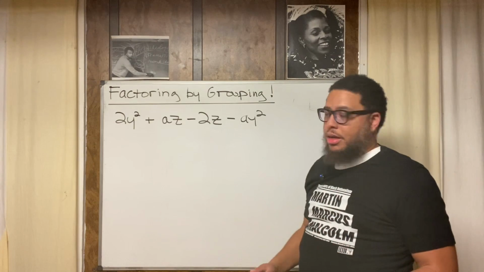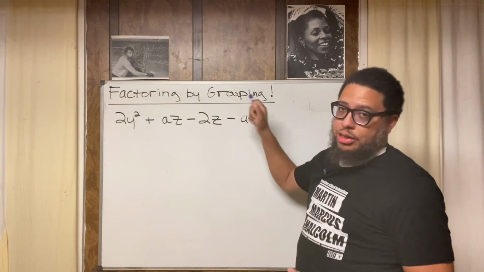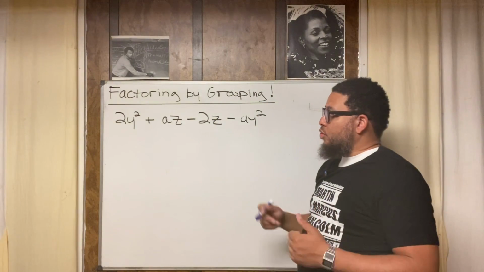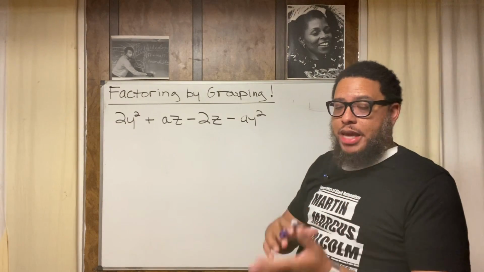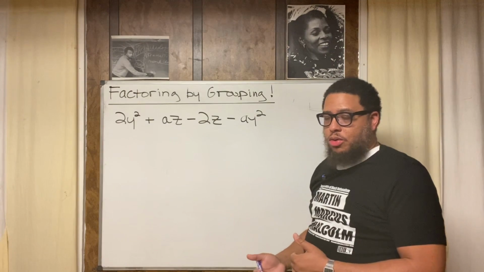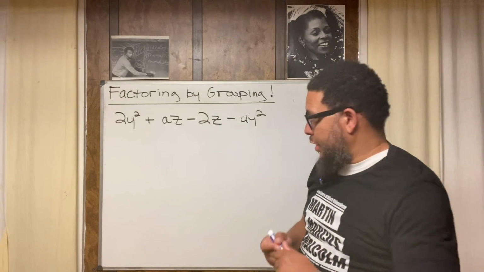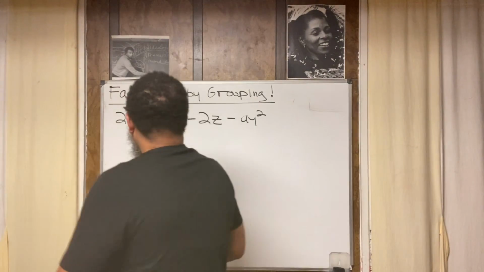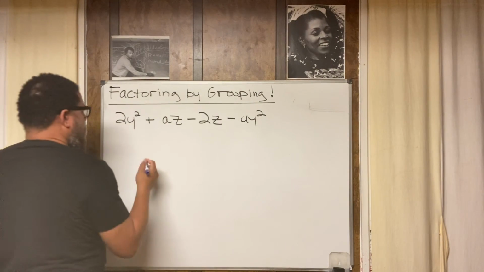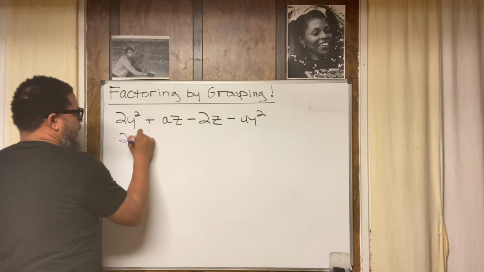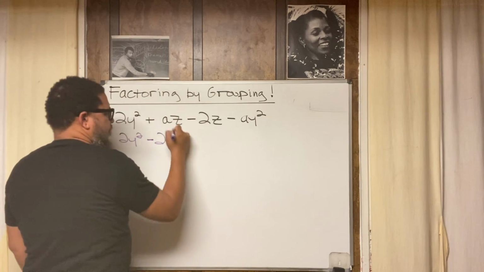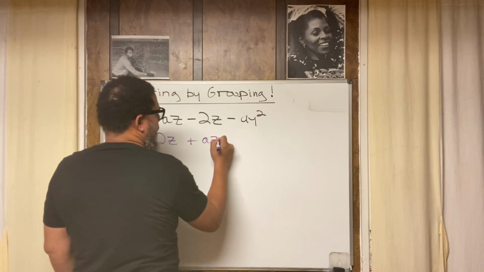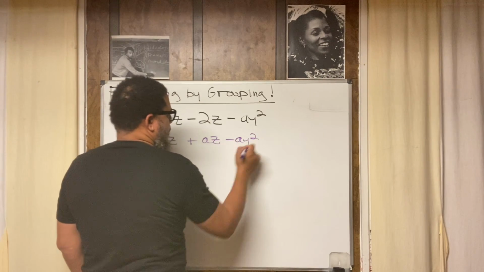I'm going to say that again. Something you have to look out for when you're factoring by grouping: you might have to rearrange the terms in order to have groups that have a common factor. So let's rewrite this. I'm going to do 2y squared, put this with the minus 2z, and then I'm going to have plus az minus ay squared.